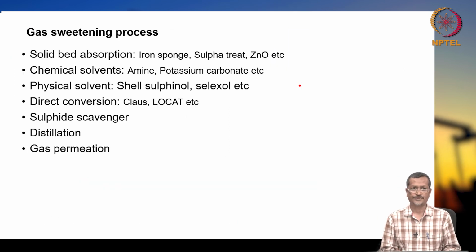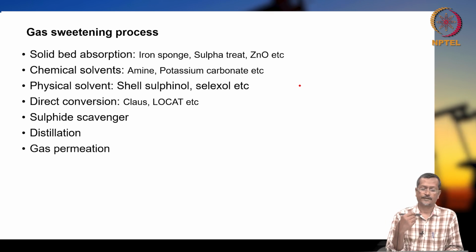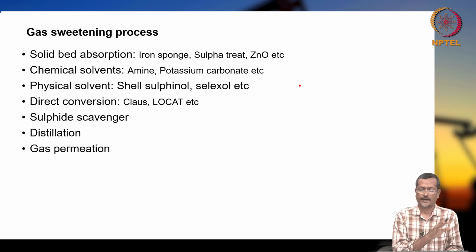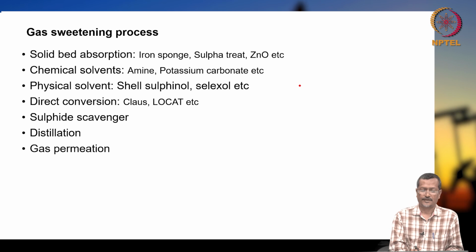Gas sweetening process, solid bed absorption process, iron sponge. Now you have seen that the gas H2S especially has very dangerous properties. Now, how to remove it? There are several ways.